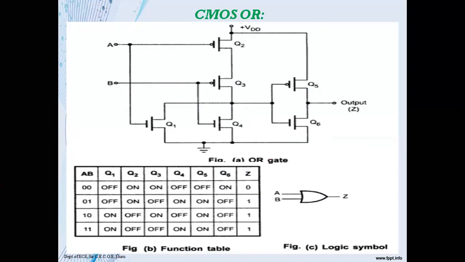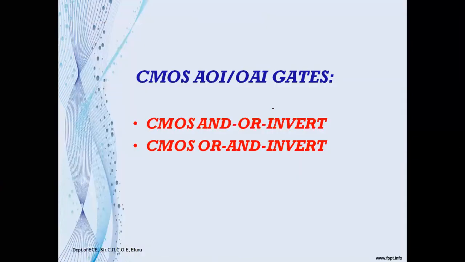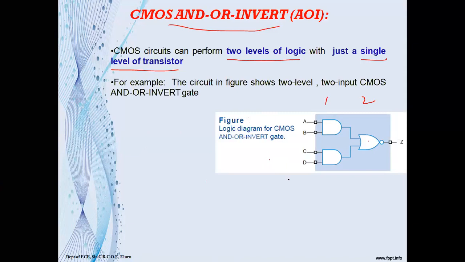All the 6 transistors will come up on a single gate here. So this refers to a single level of transistors. But in AND-OR-invert, we have two stages here, stage 1 and stage 2. Therefore, stage 1 will have the stage 1 transistors and stage 2 will have the stage 2 transistors.